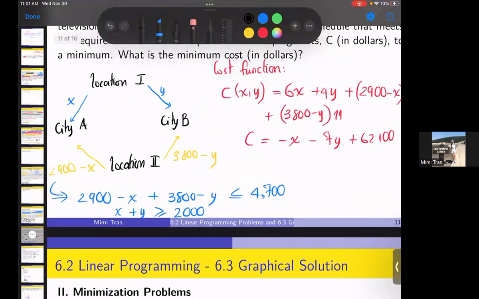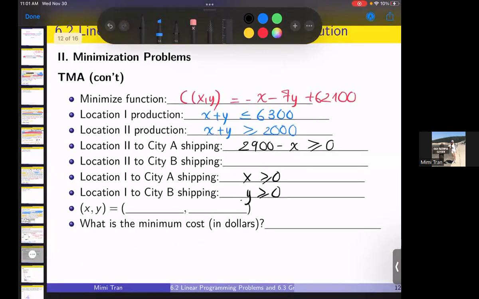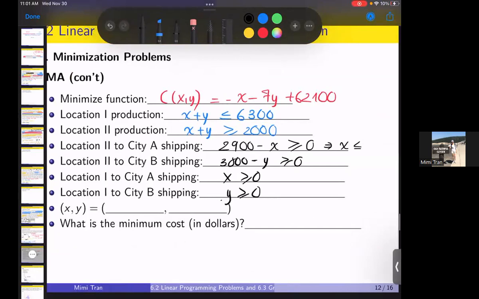And then from location 2 to CDB is 3800 minus Y has to be positive. You can simplify it a little bit if you like. Y less than 3800.